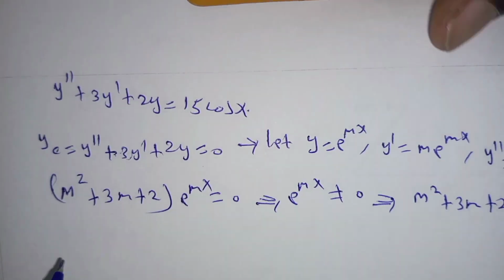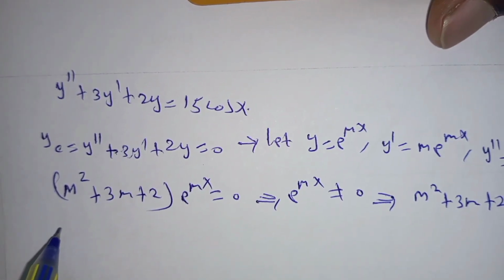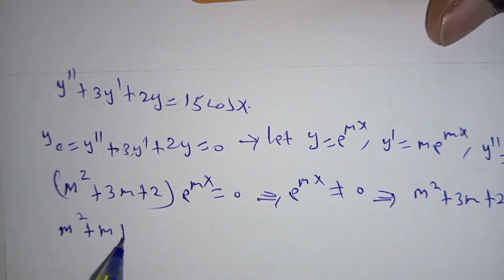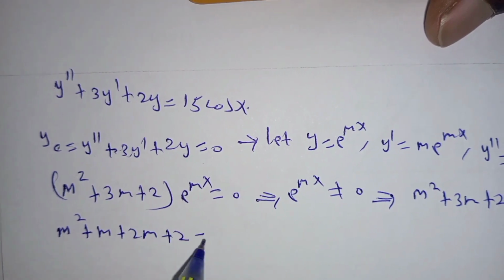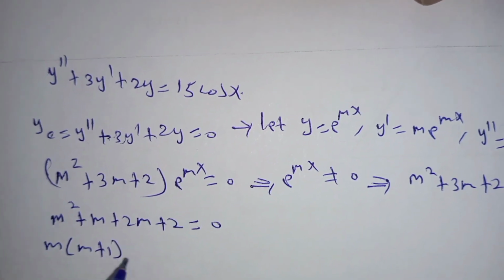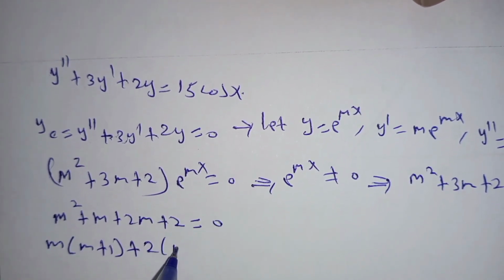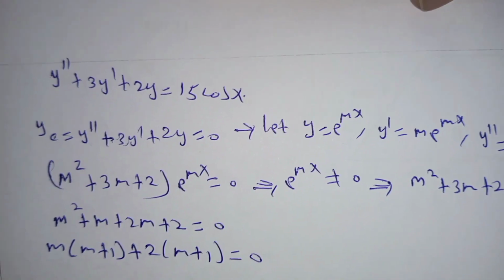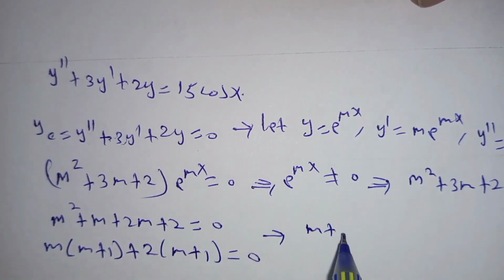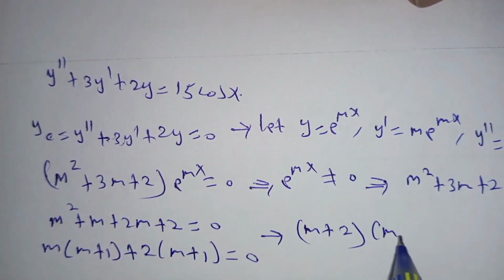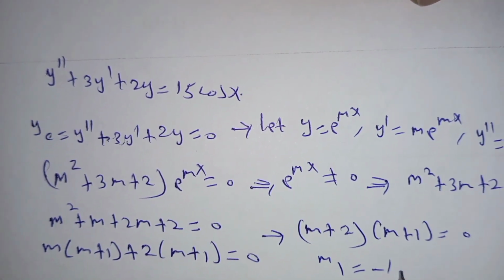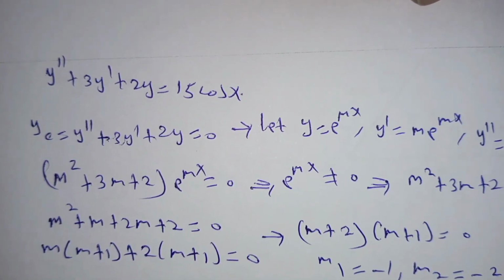This is a quadratic equation which can be factorized as m squared plus m plus 2m plus 2 is equal to 0. Here you factor m plus 1 from the first two, and from the last two you factor 2, to be left with m plus 1 equal to 0. Which implies that m plus 2 times m plus 1 is equal to 0, meaning that m1 is equal to -1 and m2 is equal to -2.